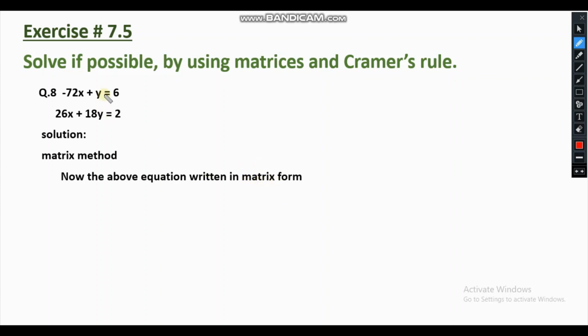So in matrix form we will write the coefficients of variables here. A represents the coefficients of variables, b is the right side constant, and x is the values we will find through the matrix method.